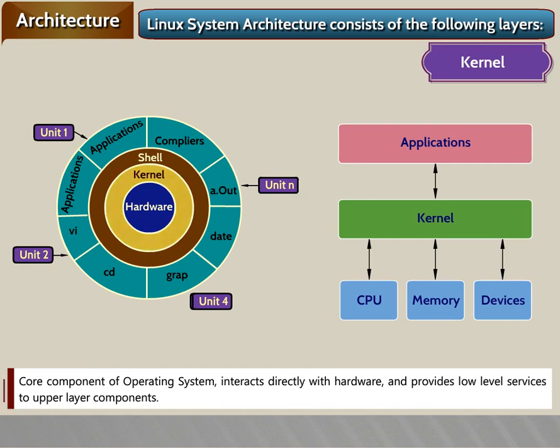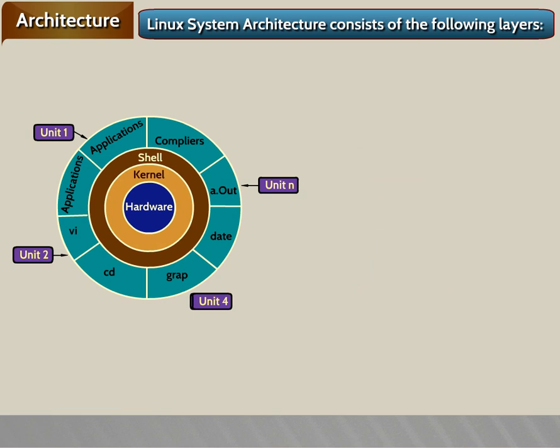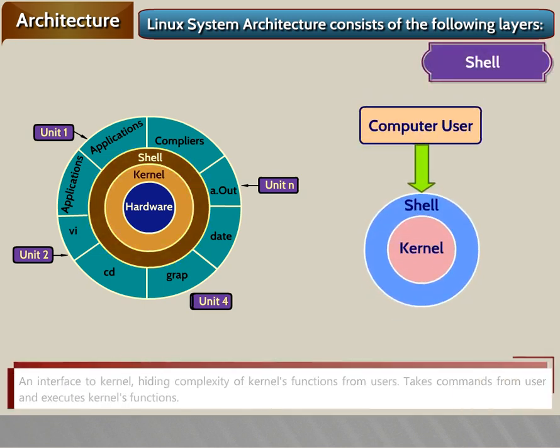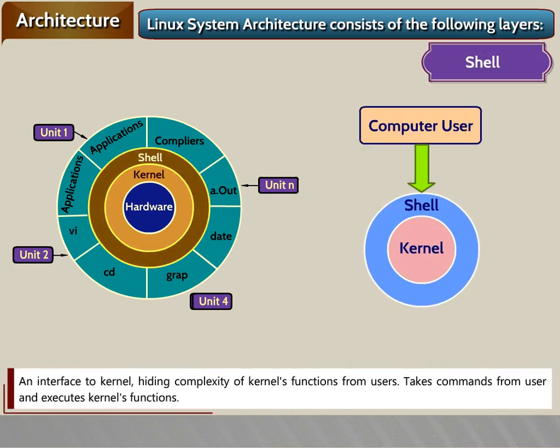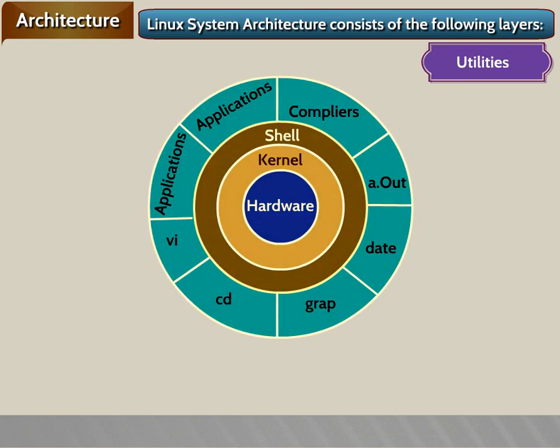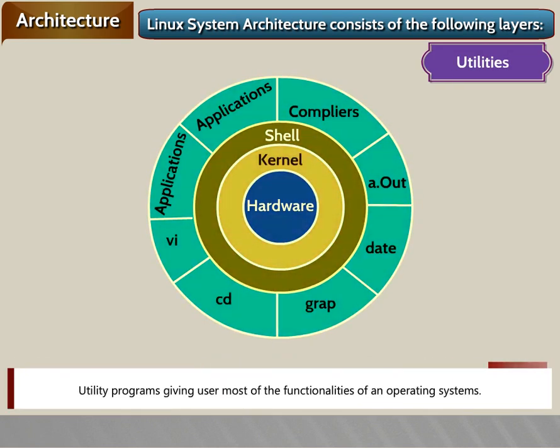Core component of operating system, interacts directly with hardware and provides low-level services to upper layer components. Shell. An interface to kernel, hiding complexity of kernel's functions from users, takes commands from user and executes kernel's functions. Utilities. Utility programs giving user most of the functionalities of an operating system.